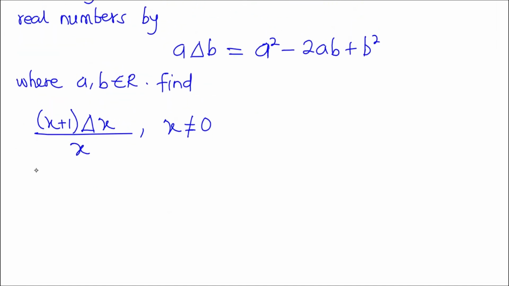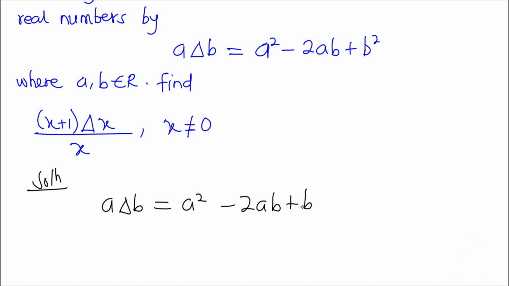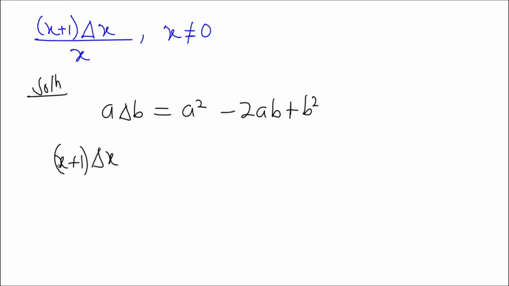So here, the given rule is A delta B is equal to A squared minus 2AB plus B squared. From here, we are looking for x plus 1 delta x divided by x.